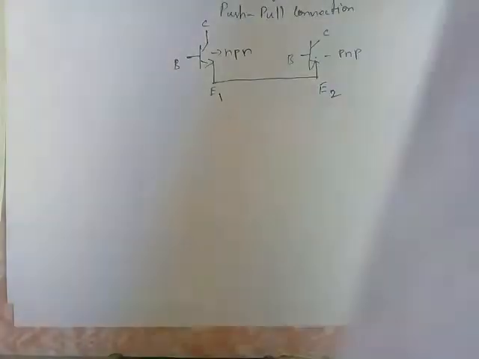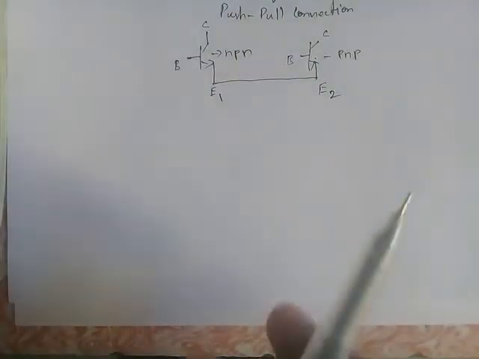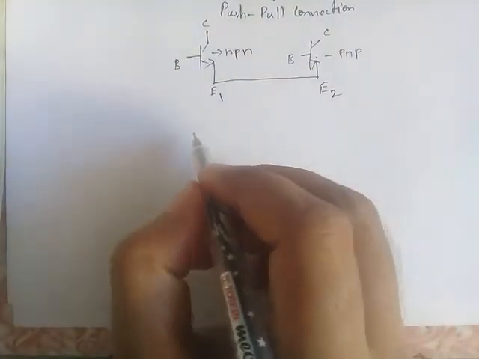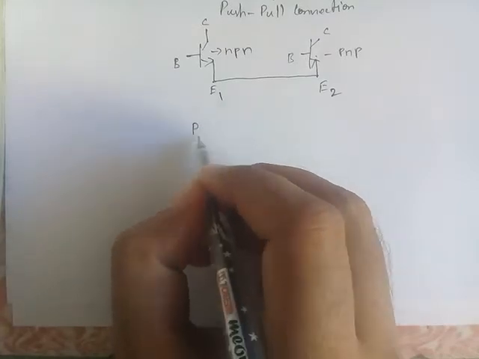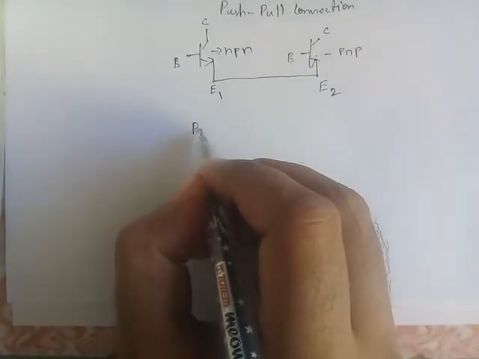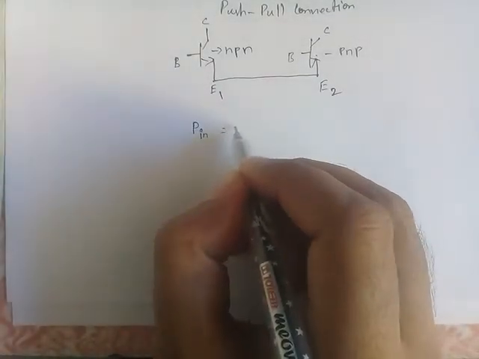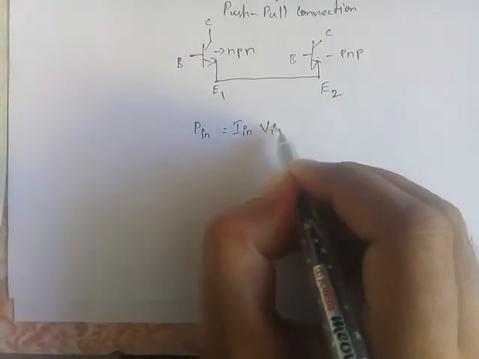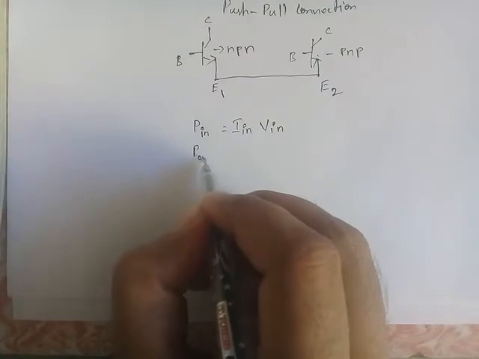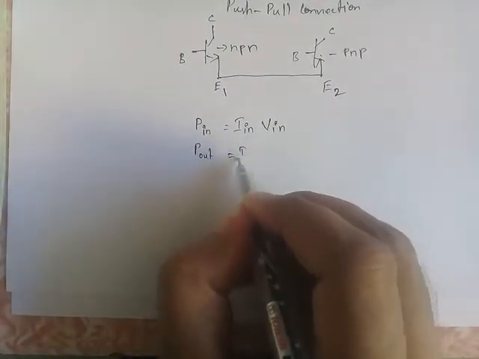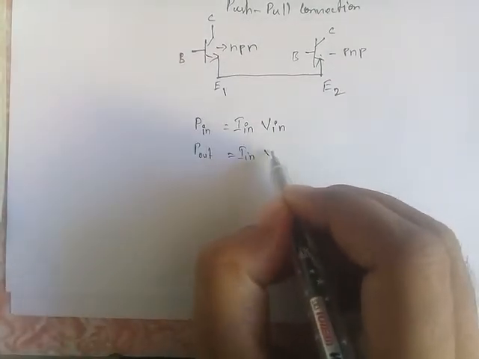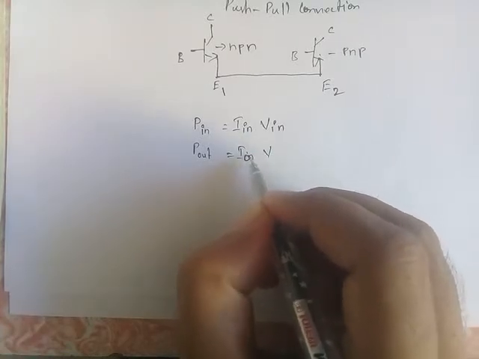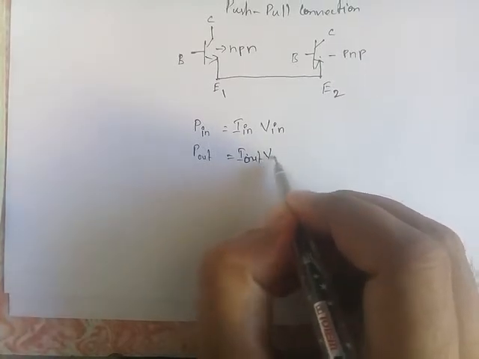Yes or no? At the output, how much are we getting? Here P in is equal to I in into V in, and P out is equal to I out into V out.